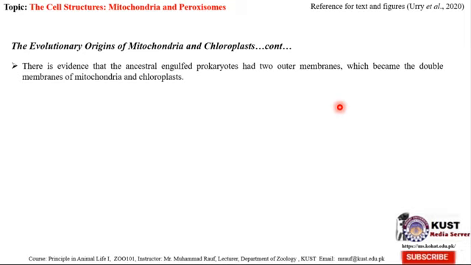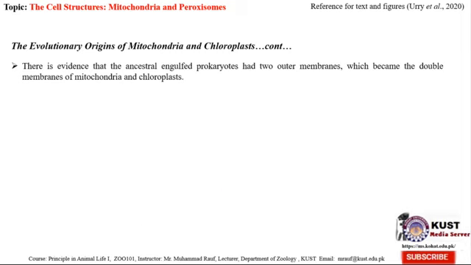As the mitochondria entered into that double membraned cell, it pinched off some of the membrane from that cell, and therefore it also became double membraned. Similarly, when chloroplast later on entered into that cell, chloroplast also pinched off some of the membranes from that double membrane structure, and it also became a double membraned entity.